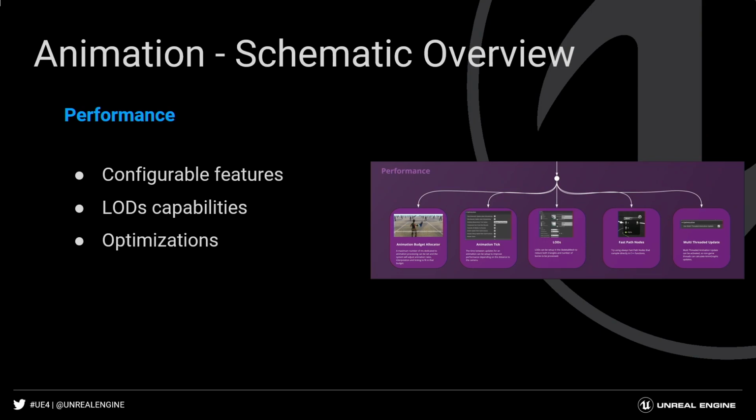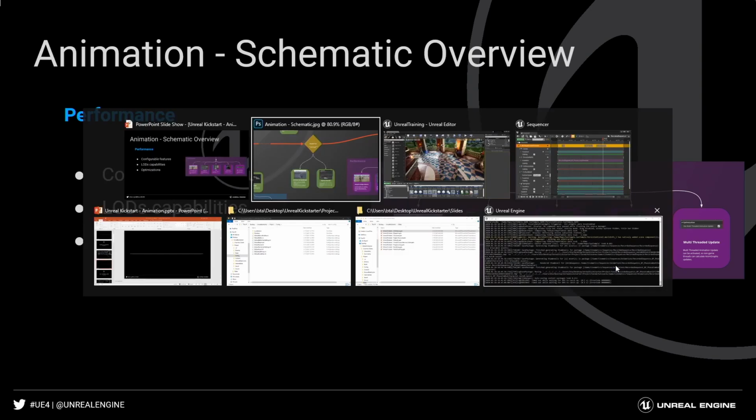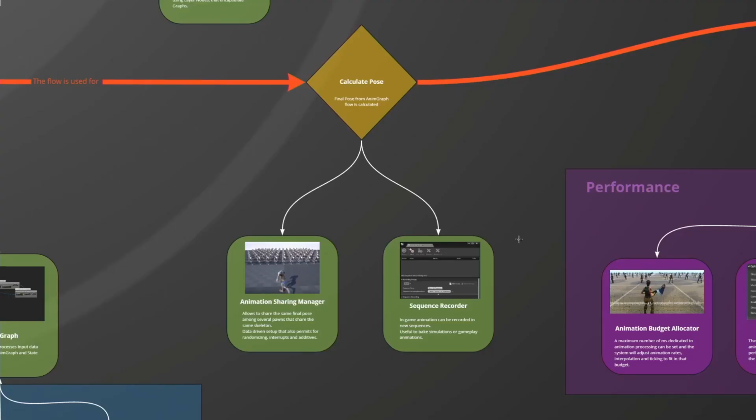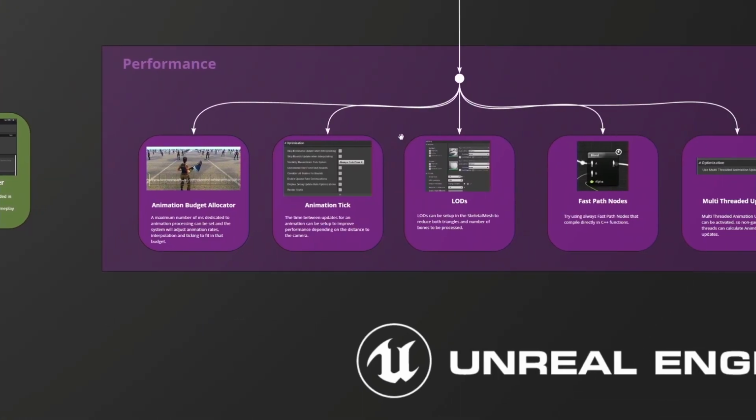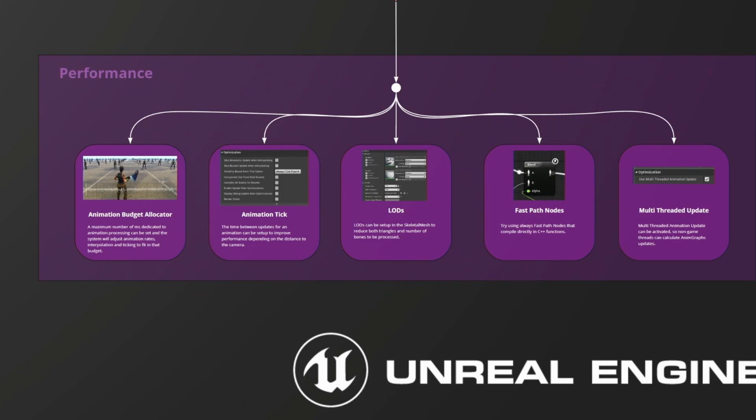And regarding performance, animation can be quite heavy depending on what we do, but we have several tools that we can use to reduce the impact of that. One is the animation sharing manager. We have a lot of skeletal meshes going on, but we also have the animation budget allocator, which is an amazing tool that will allow you to set a budget of time that you want to spend on animation.